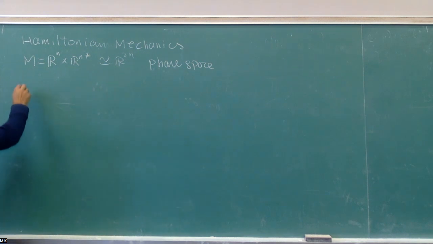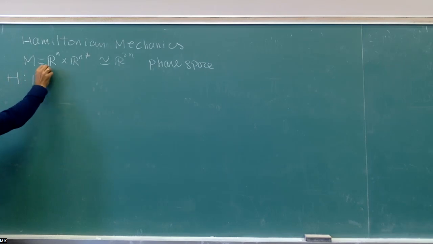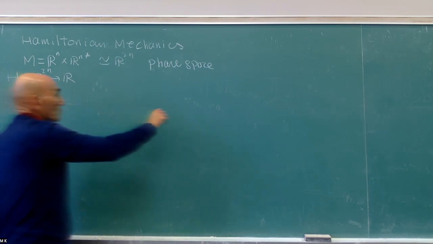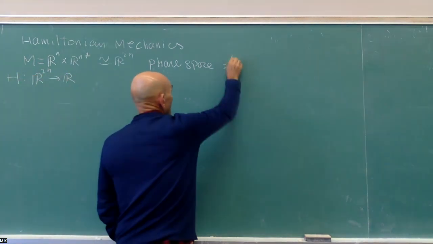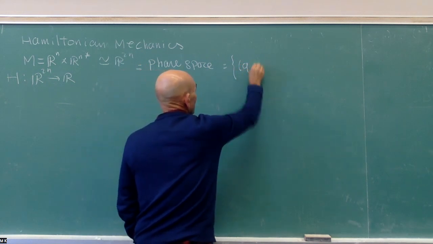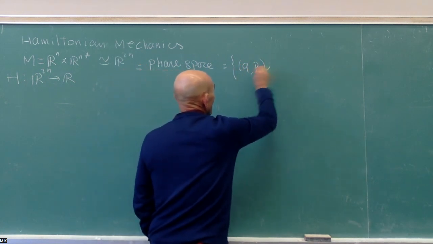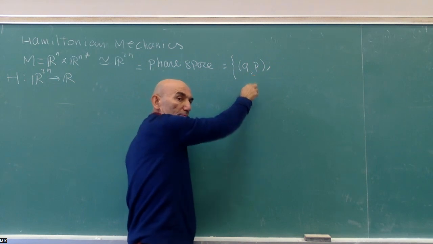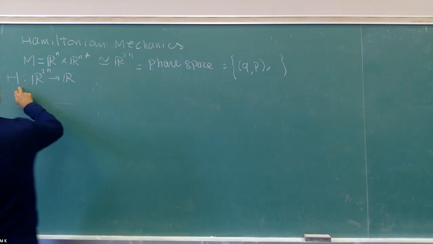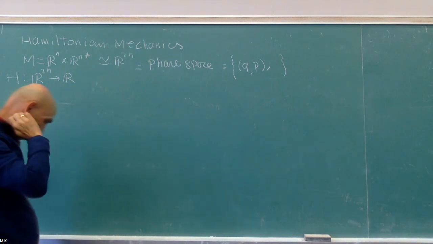Okay, and then we have this Hamiltonian H, from R^2n to R. So we just use coordinates. This is the space. This is position and momentum. Okay, right? And we have this Hamiltonian.